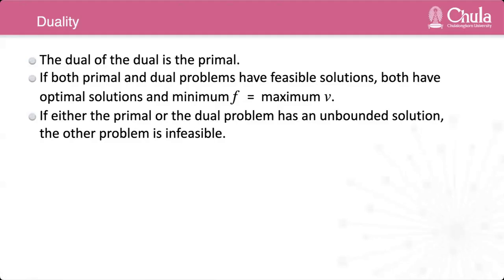If you find your primal problem is infeasible, of course the dual of it has an unbounded optimal solution. If the primal has an unbounded optimal solution, the dual of it becomes infeasible.